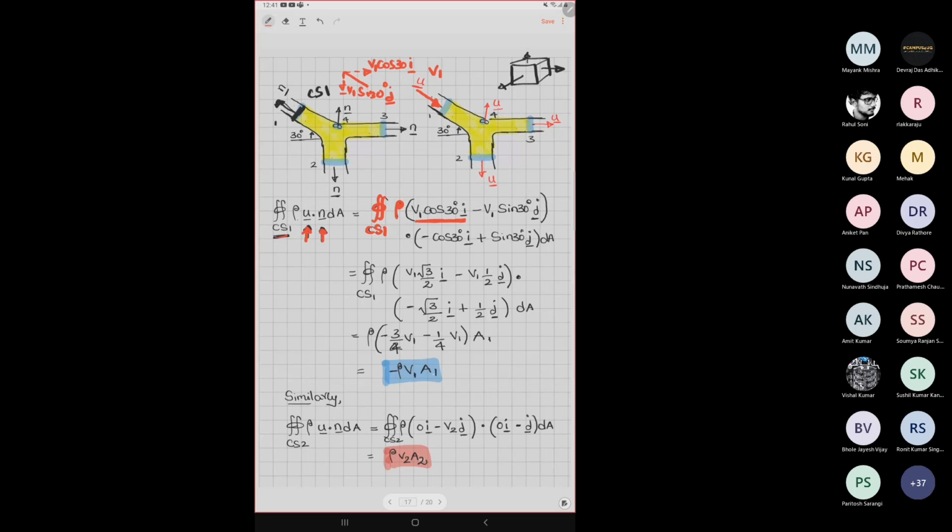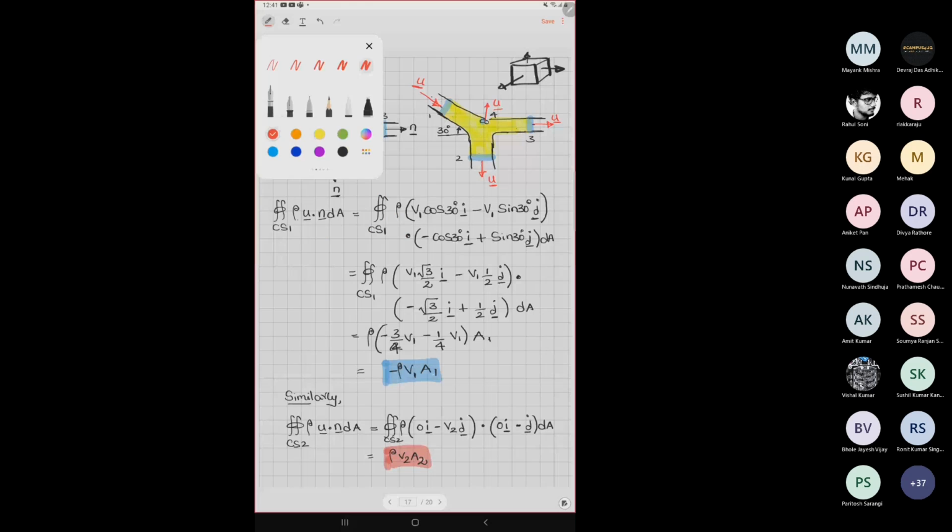So V1 cos 30 I minus V1 sin 30 J. Dotting with the normal vector, N bar is in this direction.